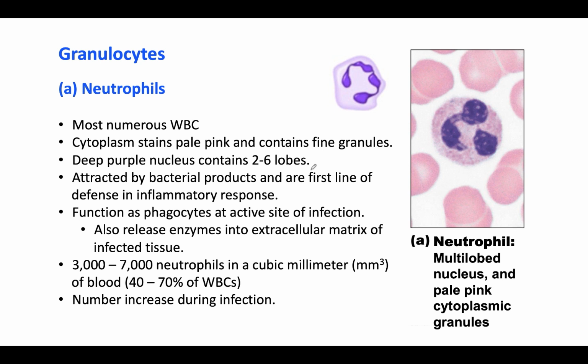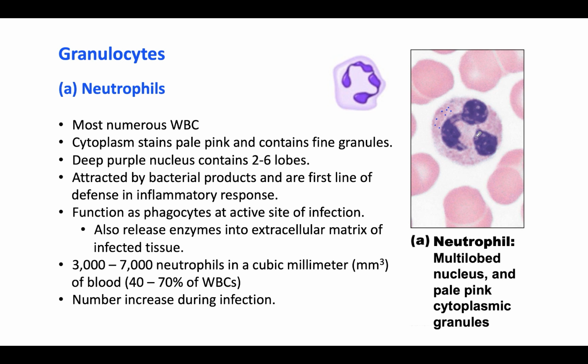First, neutrophil. Neutrophils are the most common type of white blood cell, and neutrophils have small cytoplasmic granules. Here are the small cytoplasmic granules. Their nuclei are commonly lobed. Can you see?